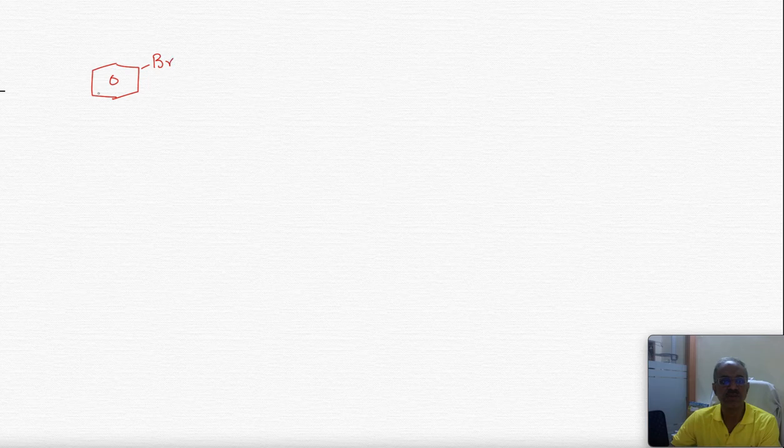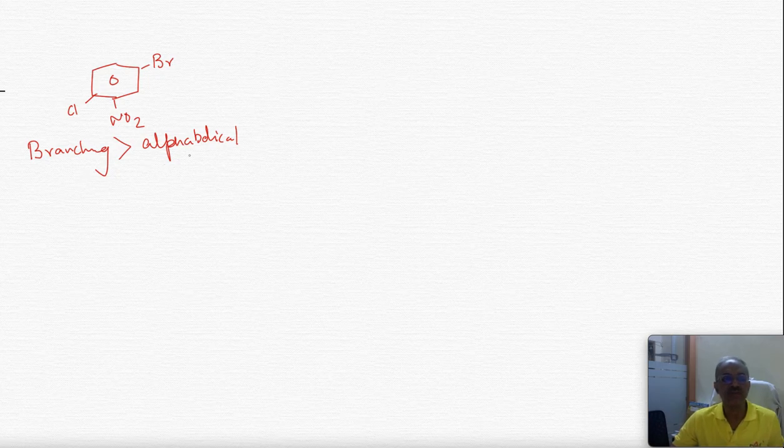We'll take another example. Take for example, this is bromine, this is chlorine, this is nitro. As you have seen in previous lectures, the branching has to be given first preference over alphabetical order. Although this is bromo, this is chloro and this is nitro, I can't start the counting from bromo, but I'll start from chlorine, because the next immediate branching is at position 2, then 4.